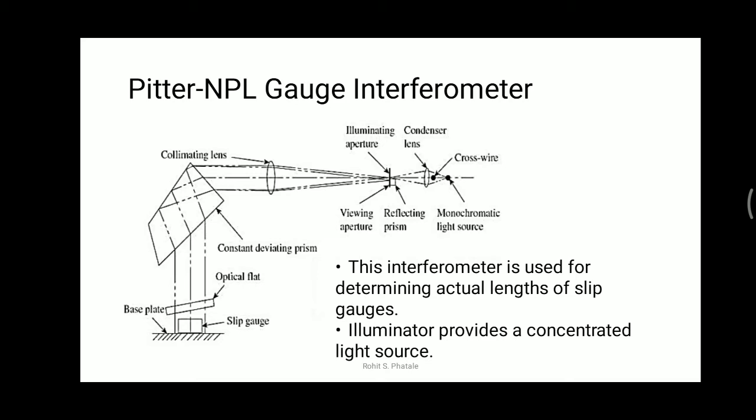So exactly what is happening after the rays fall on the constant deviation prism? The prism splits the incident light into light rays of different wavelengths, and hence different colors. The prism is a device, or a structure, made in order to get light of different wavelengths.